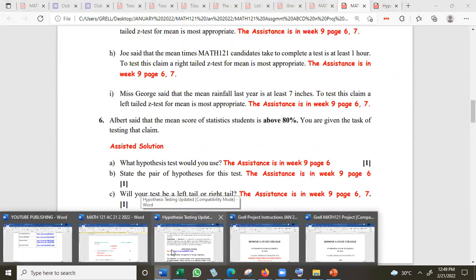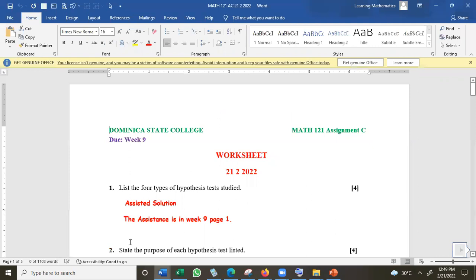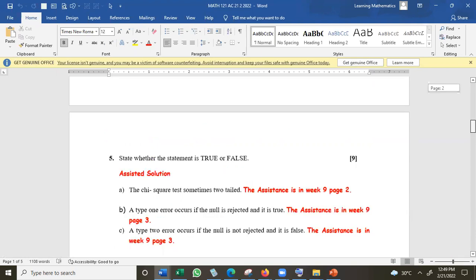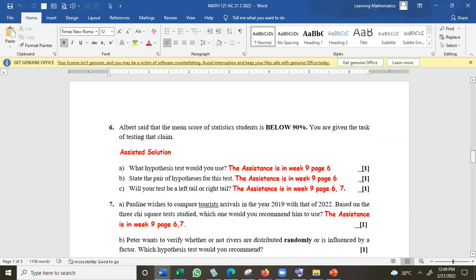Just like how we started on number 9 in assignment B, and I think number 18 in assignment A, we're going to start on number 6 in assignment C. So that's where I made the changes.